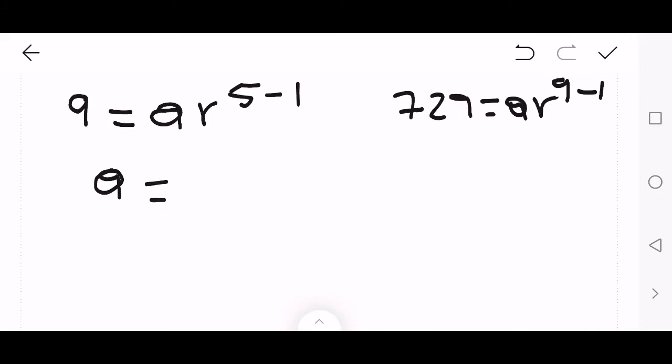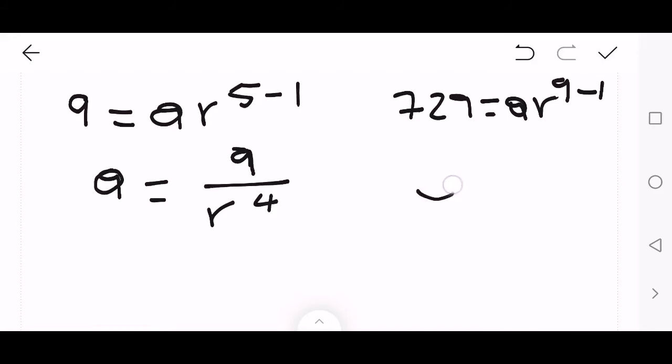We can now just divide by the expression. So we have a equals 9 divided by r, and we can simplify it. That's 5 minus 1, so that's 4.